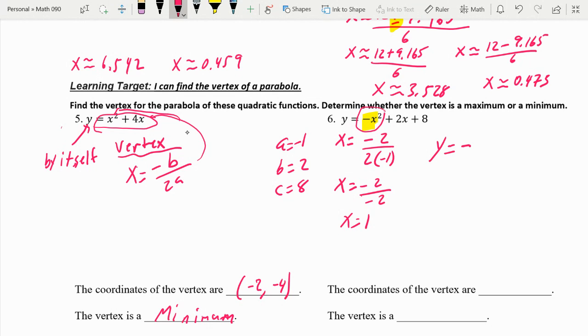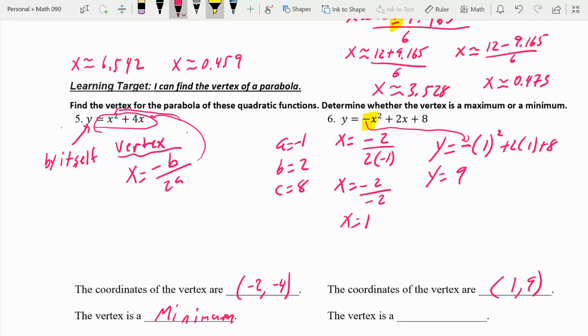So that negative that was sitting out here goes there. And then I have 1 squared plus 2 times 1 plus 8. Grab your calculator, do some mental math, whatever. You end up with 9. So the coordinates of the vertex are 1, 9.